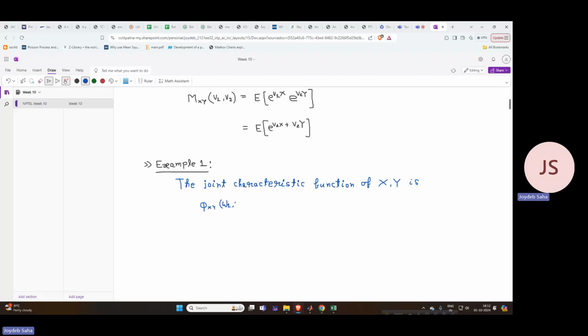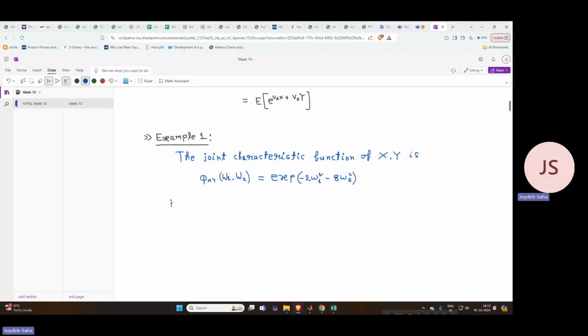Phi xy of omega 1, omega 2 is equal to exponential of minus 2 omega 1 square minus 8 omega 2 square. Okay, this is given.